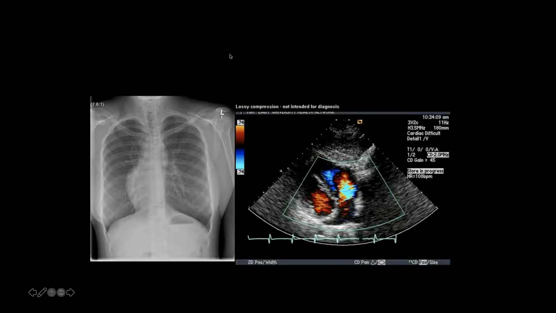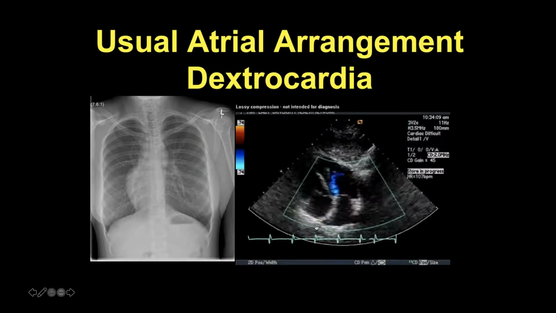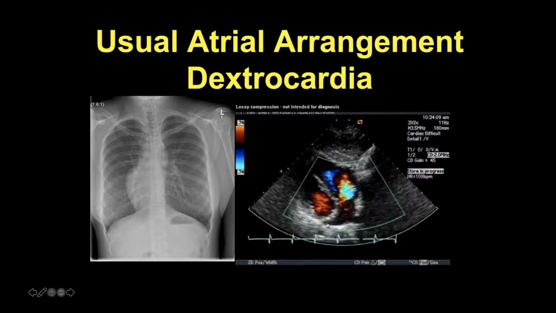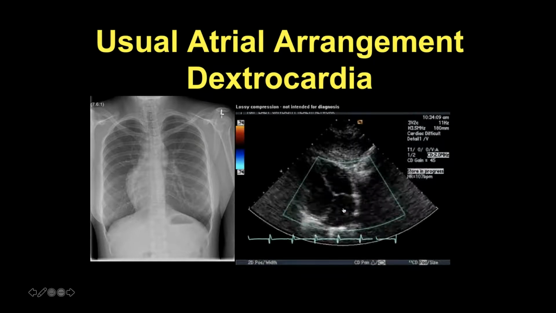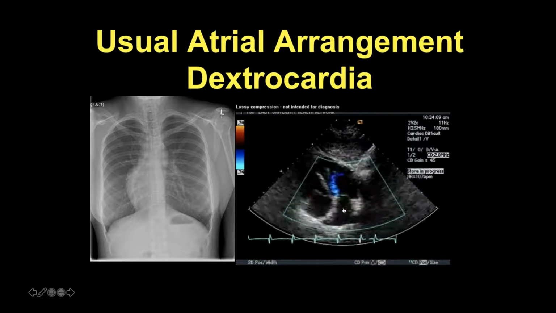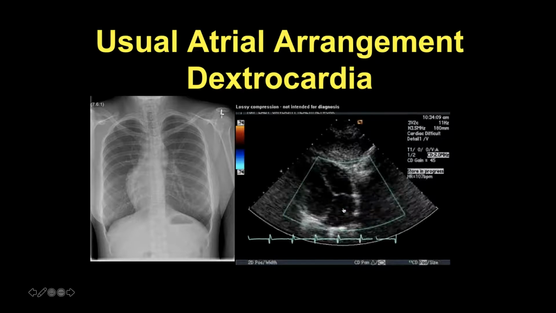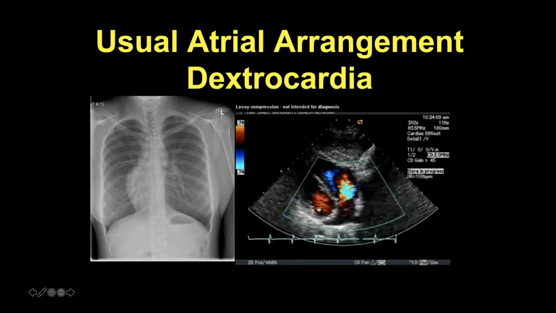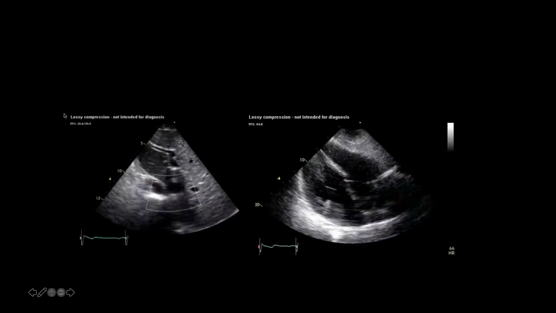So in this patient, you have a usual arrangement of the atria with dextrocardia, and actually indeed, you see here the pulmonary veins are coming in, and usually the pulmonary veins are connected to the left atrium, but there are a lot of variations. So the left atrium is on the left, this is then the right atrium, which is on the right, so you have a cardiac situs solitus with dextrocardia.